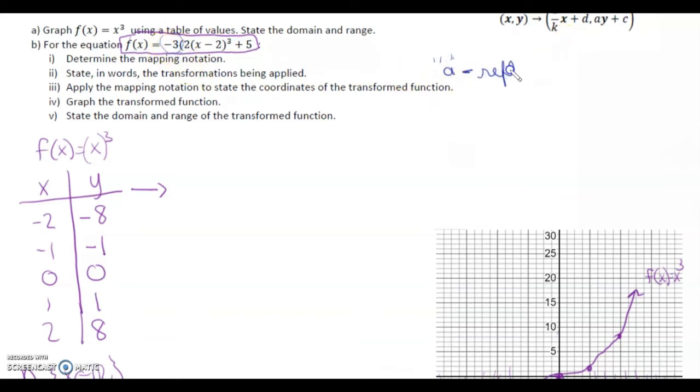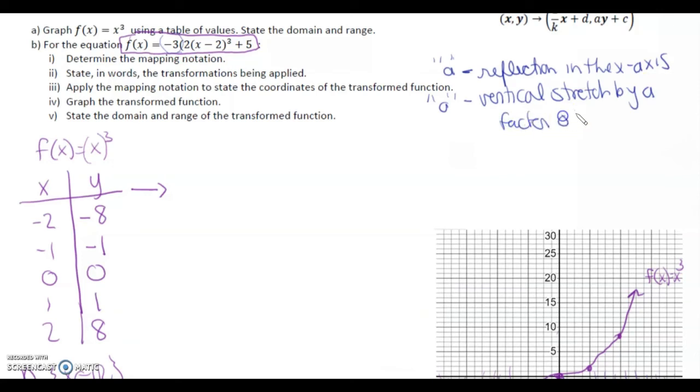So I have a reflection in the x-axis. Again, for the a value, I have a vertical stretch by a factor of 3.